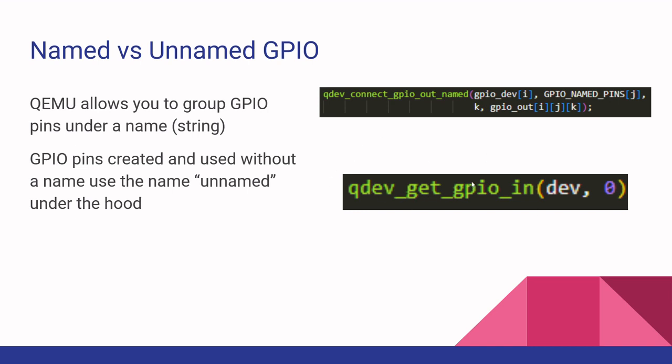So if you wanted to get that, you could just use "unnamed" in quotes to get the unnamed in. But you don't need to, because you can just leave out the underscore named part.